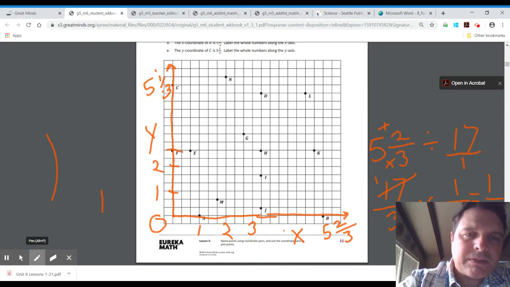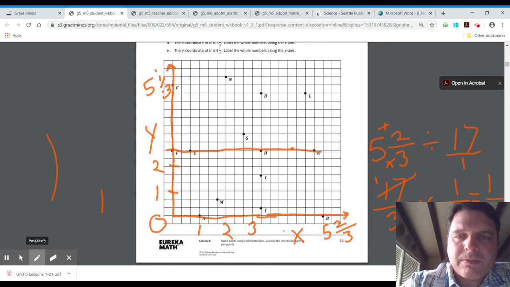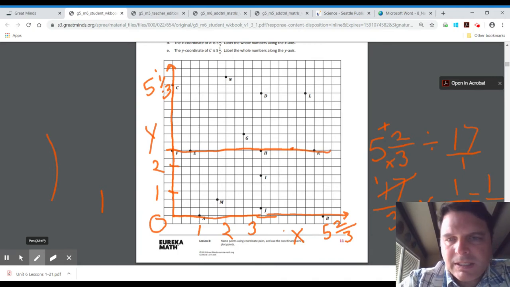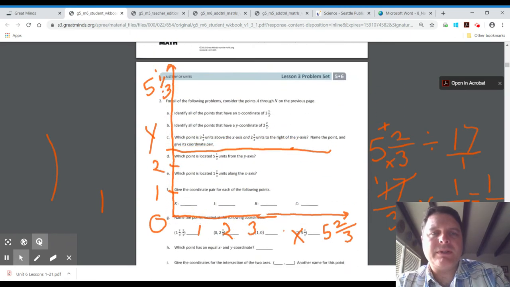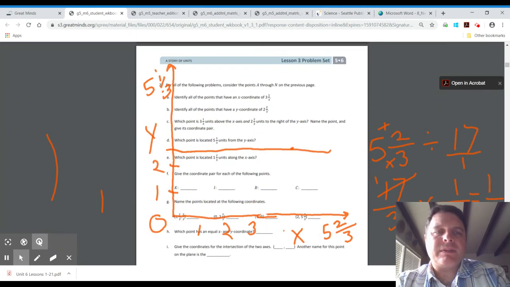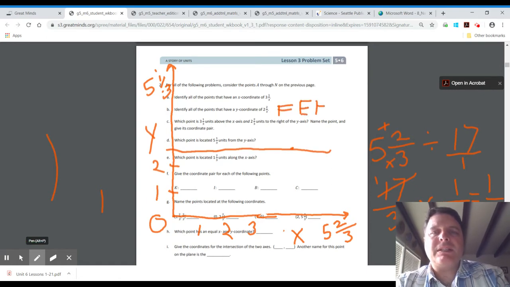So here you go, this is 2 2/3. You can see there are also 4: F, E, H, and K. So if I go back down here, F, E, H, and K.